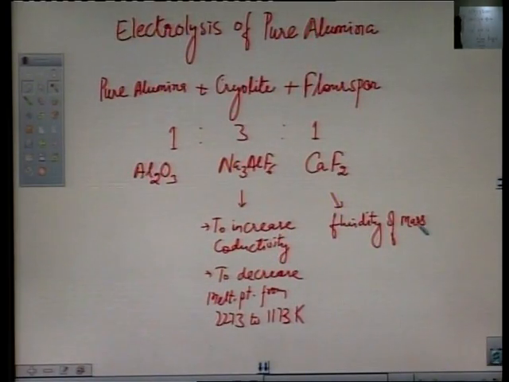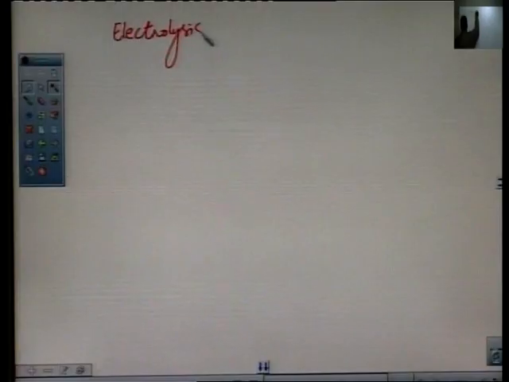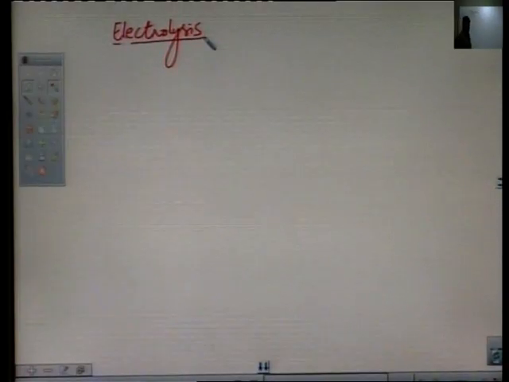So the electrolysis process includes an iron tank in which carbon lining acts as cathode.